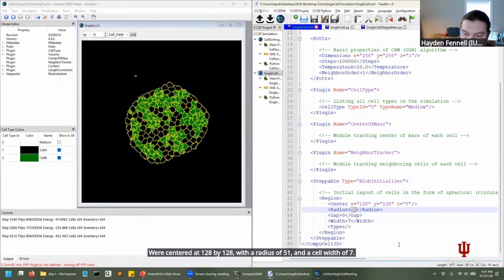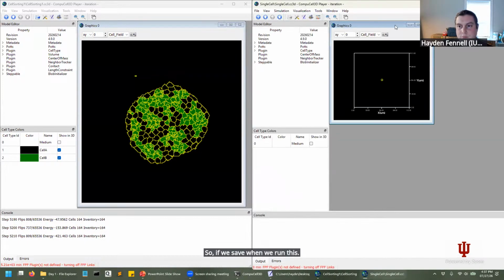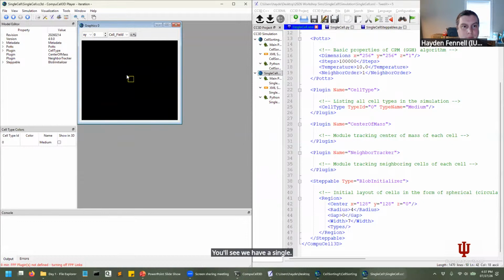What you would want to do there is just make your radius basically the same size as the width of your cells. So here we would say 4, which would make a circular diameter of 8. So if we save and we run this, you'll see we have a single cell.